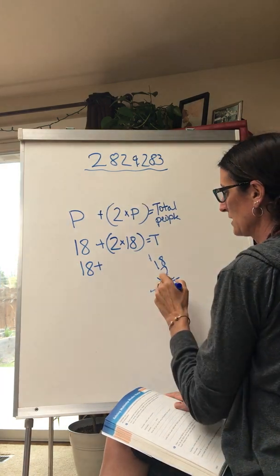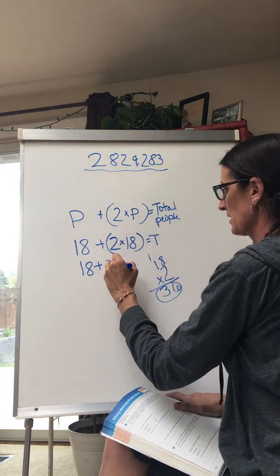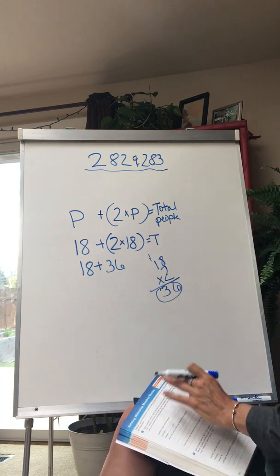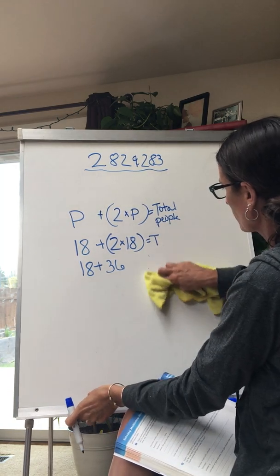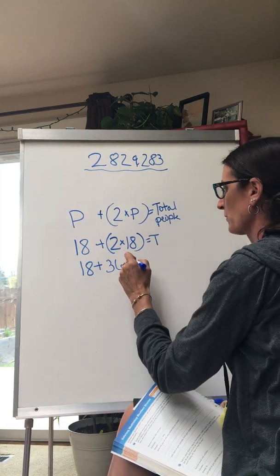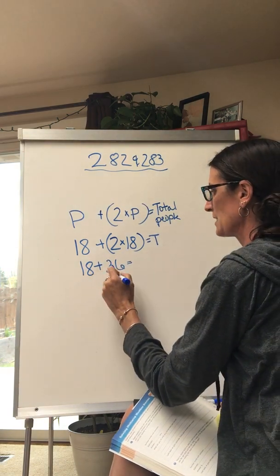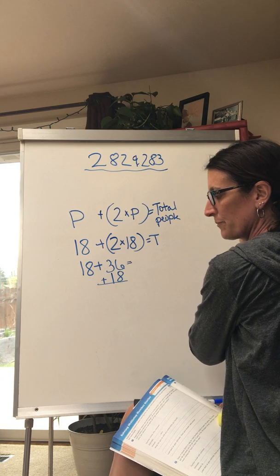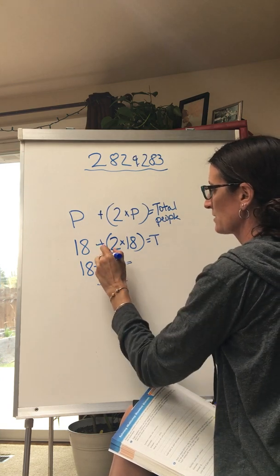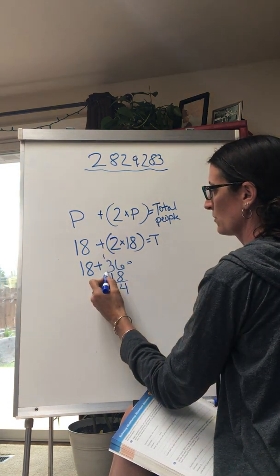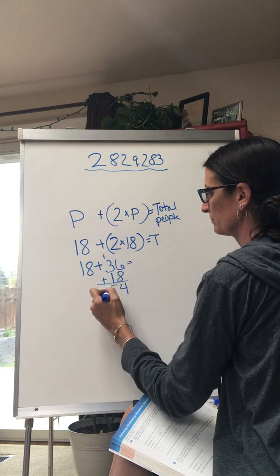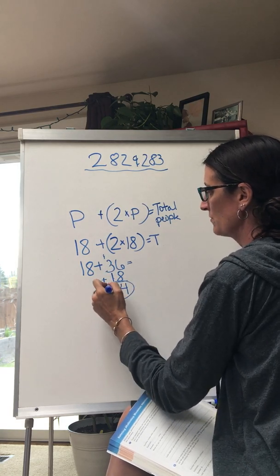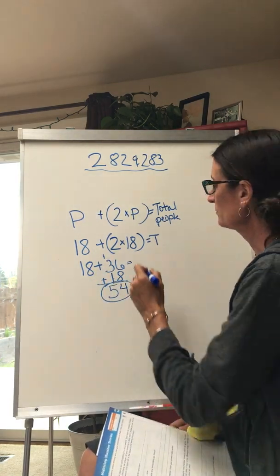So that's plus 36, okay? And that will equal our total number of people. So 36 plus 18, I'll add those together that way. 6 and 8 is 14, 3, 4, 5. So there's going to be 54 people total, okay?